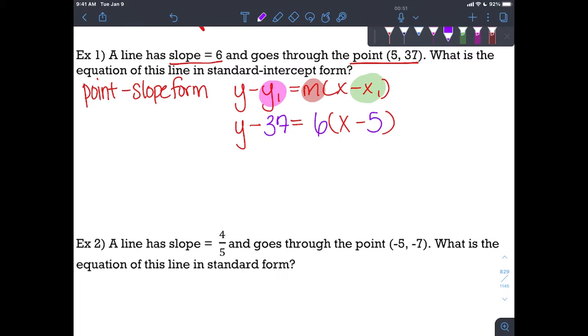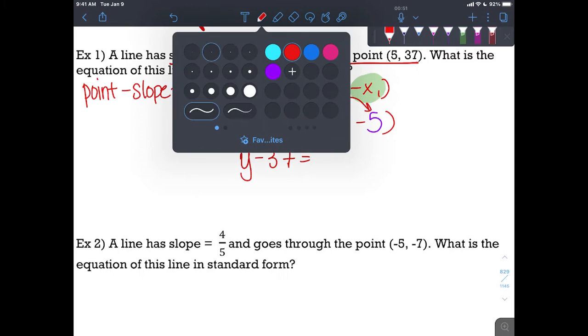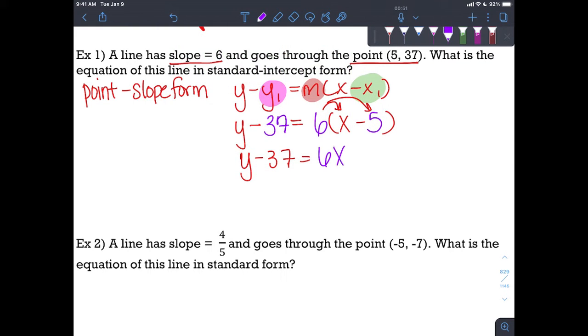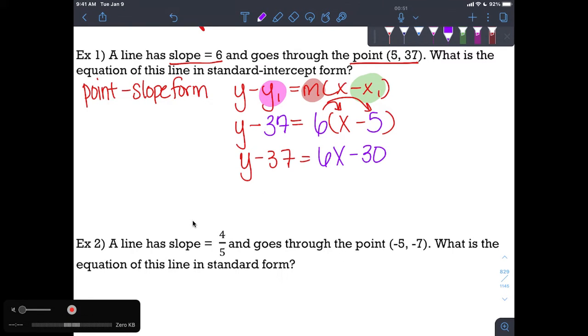So first thing I'm going to do is go ahead and distribute, get rid of that. Okay. So at this point, I can break this off into standard or I can break it off into slope intercept.